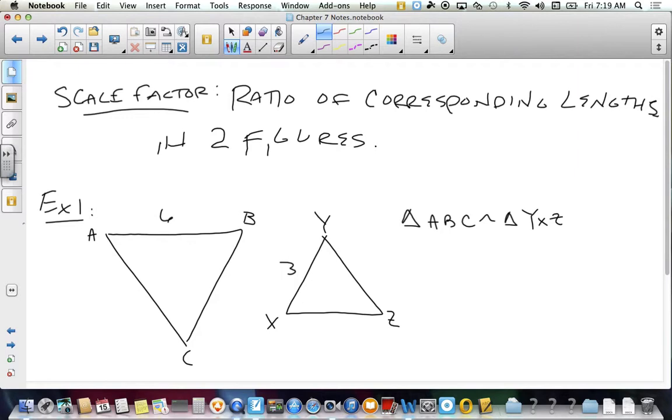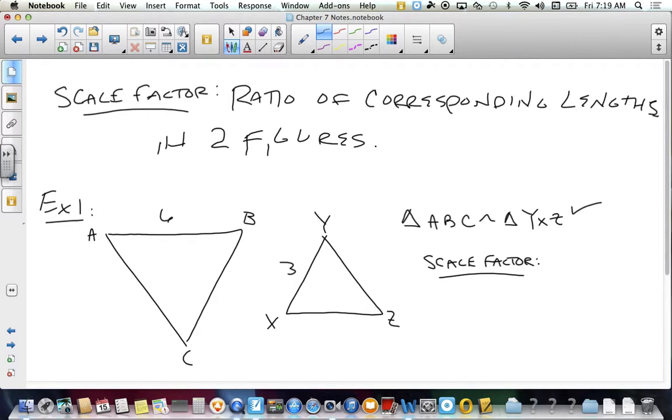And I said, what is the scale factor? So I'm already telling you that these are similar figures. I'm already telling you that, okay?